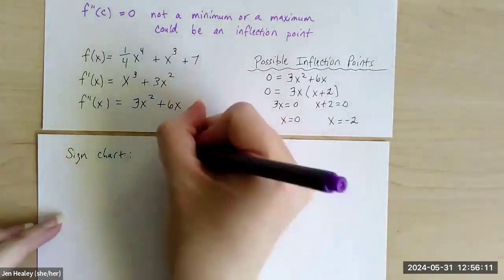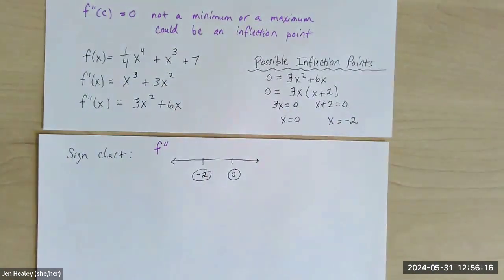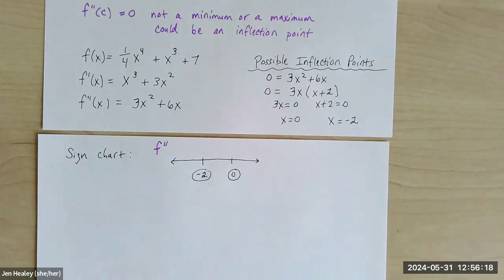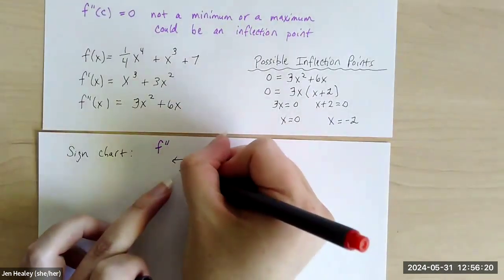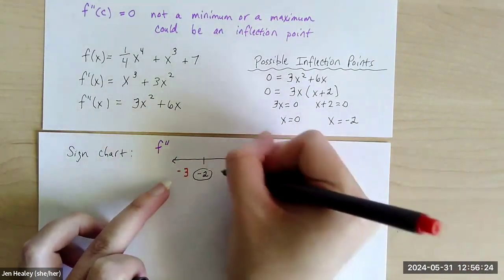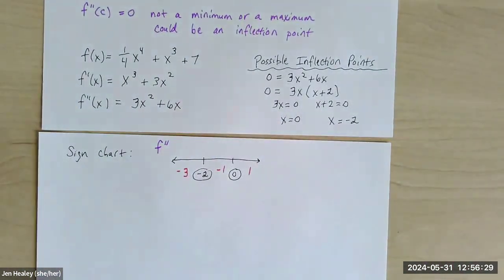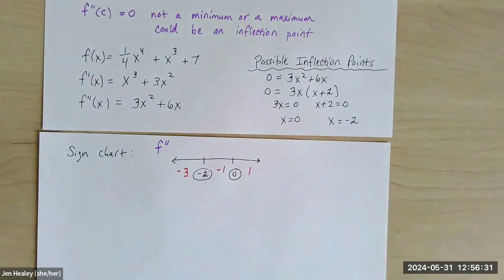So this is f double prime. The numbers that we can plug in are the same as if we're doing it for the first derivative. So something smaller than -2, something between these ones, and then maybe +1. But we're going to plug these back into our second derivative.